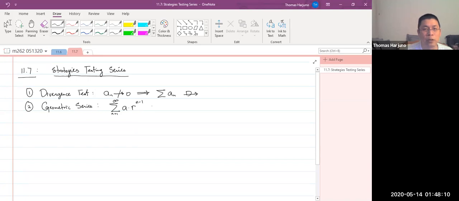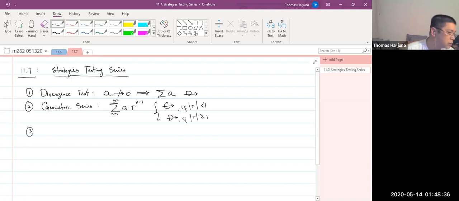This will be convergent if the absolute value of r is strictly less than 1. It's divergent if the absolute value of r is greater than or equal to 1. Okay, that's for geometric series. And then from there we have what else? Integral test.